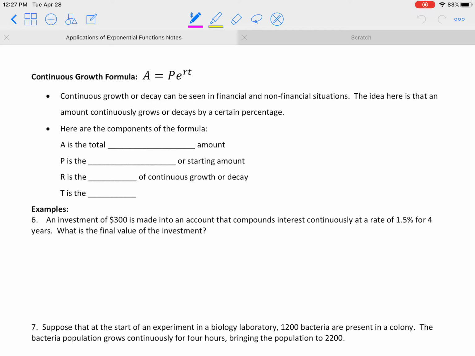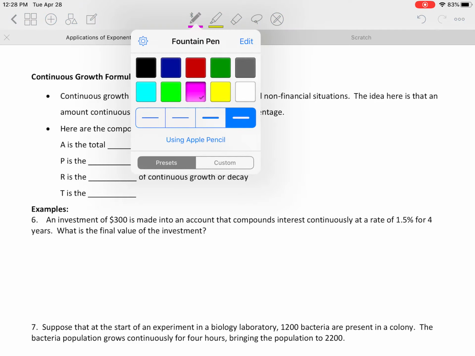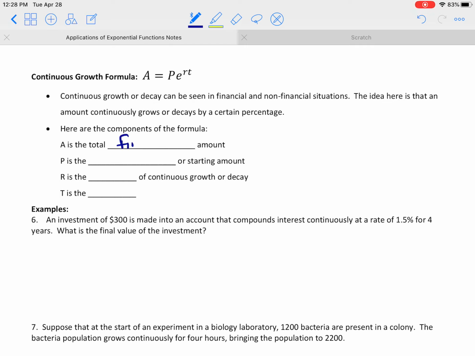So again, we could see this in financial situations, but usually it's continuous growth or decay in a science-based situation, like bacteria that grows exponentially, or a coronavirus that is growing exponentially. In that case, you would use, we call this PERT for obvious reasons, I think. We would use this continuous growth formula to calculate a final amount or a starting amount or a time or a rate.